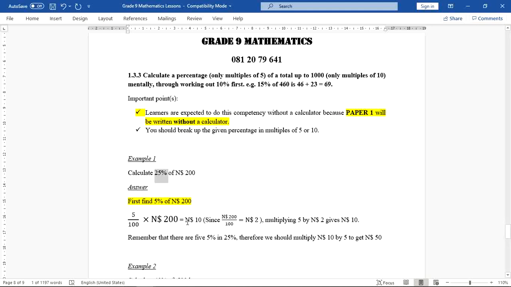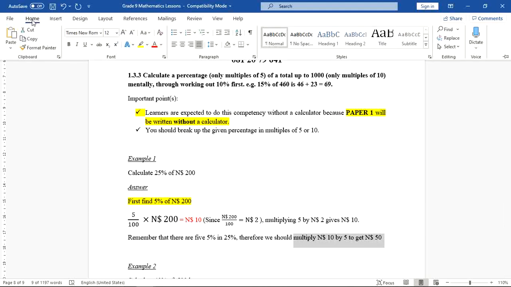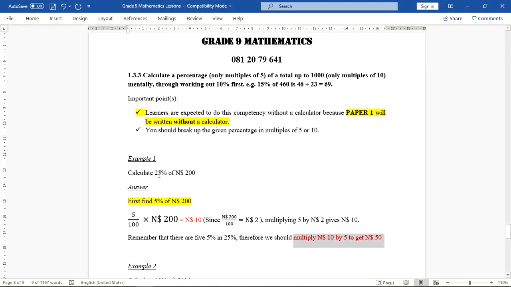So that's why what you need to do, you just multiply the $10 by 5 to get $50. So 25% of $200 is equal to $50. And you have done this without a calculator.